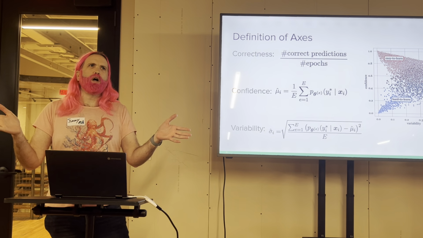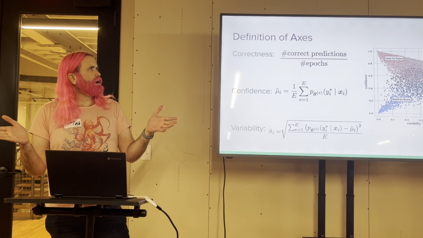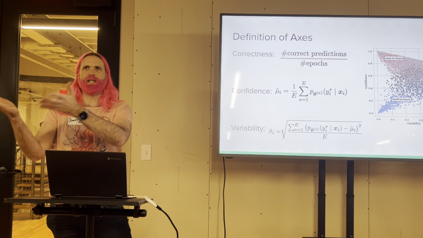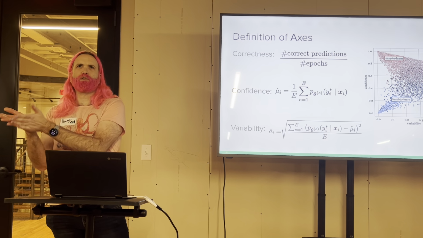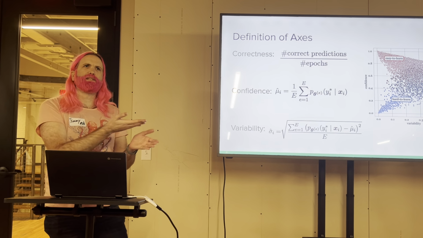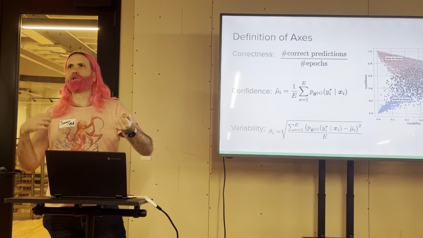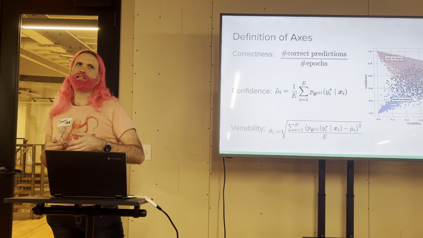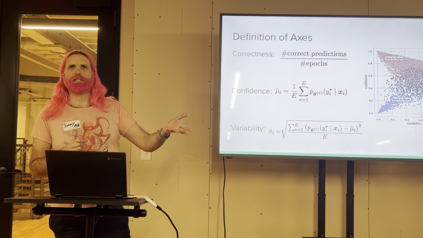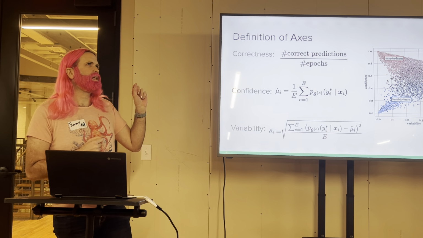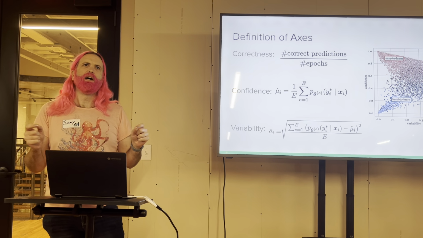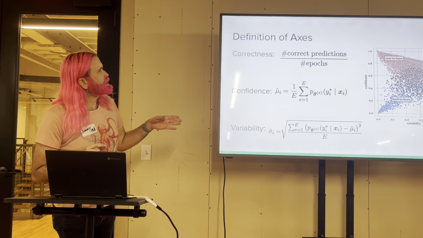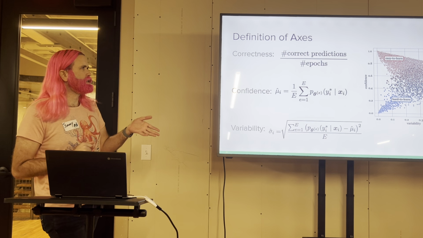In the training process, the model makes a naive prediction, you test it against ground truth, and then you go back and adjust your weights depending on whether your prediction was correct. So you store all of those predictions. Say you're going over 10 epochs, you store how many times the prediction matched the ground truth, and then divide by the number of epochs. Super simple math, very easy to compute, not going to take up a lot of compute time.